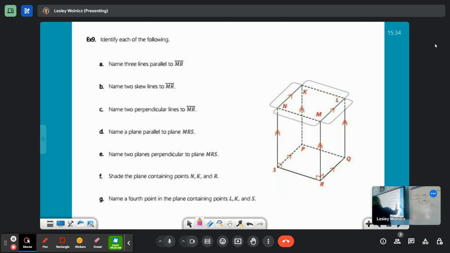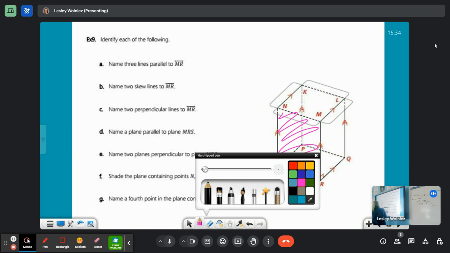All right. Name 2 planes perpendicular to plane MRS. MRS is still this one. So perpendicular. PQS. Yep, the one on the bottom.